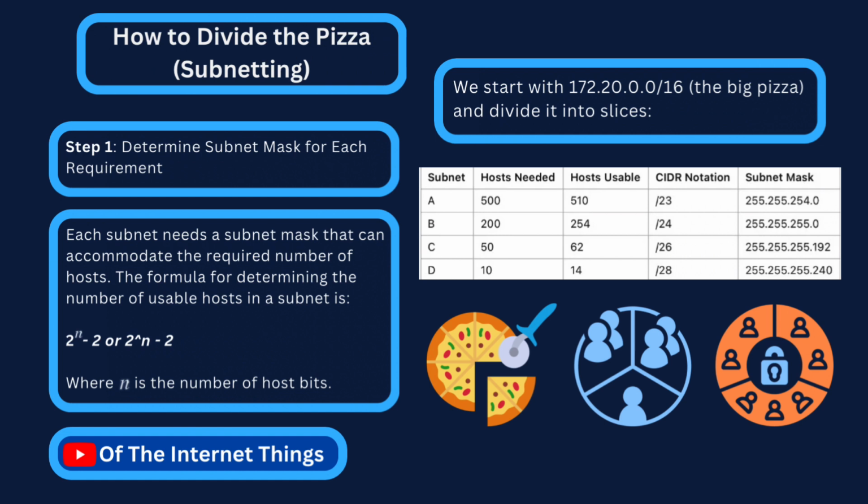Lastly, subnet D, requiring only 10 hosts, uses a /28 CIDR, providing 14 usable addresses with a subnet mask of 255.255.255.240, and its address range is 172.20.3.64 to 172.20.3.79. Each subnet is tailored to efficiently utilize the IP space while meeting specific host requirements.